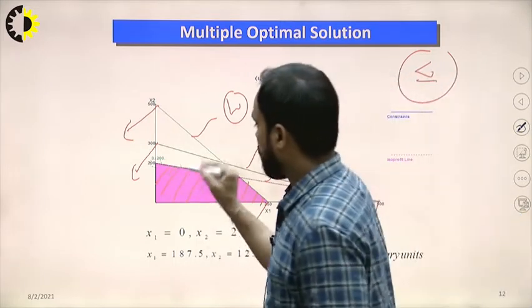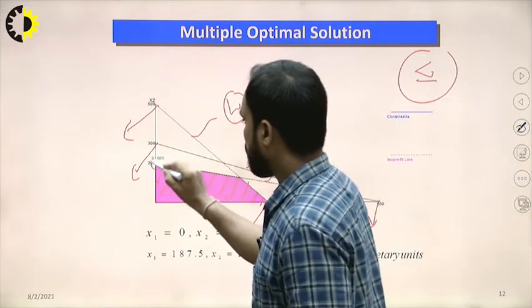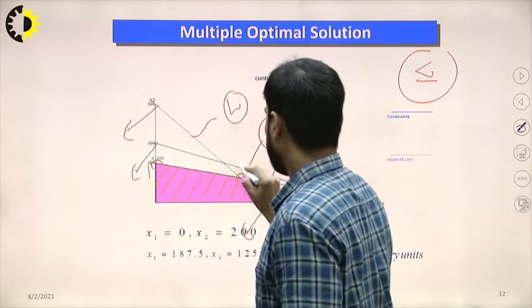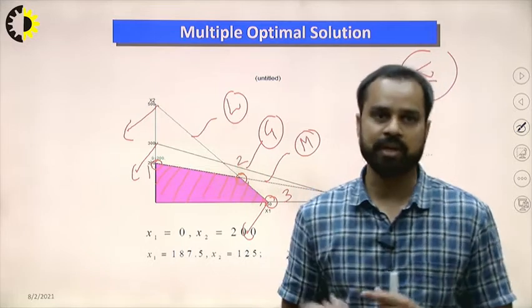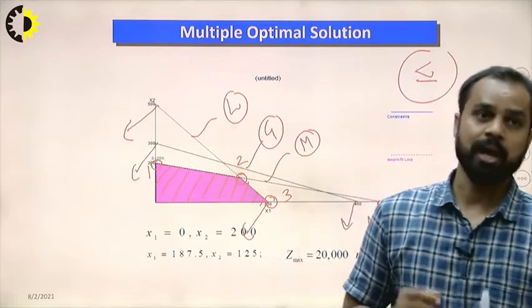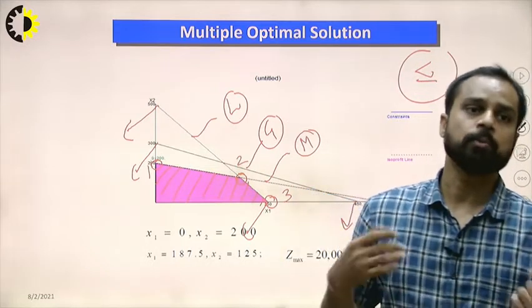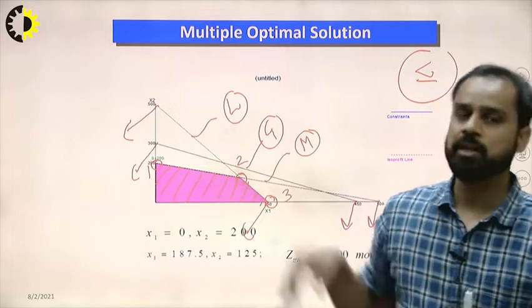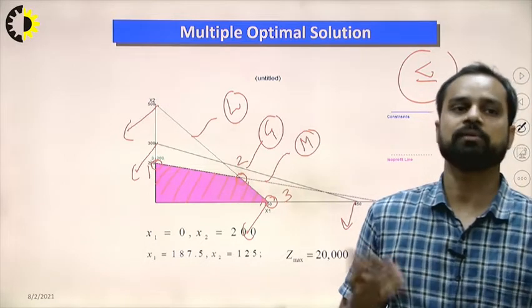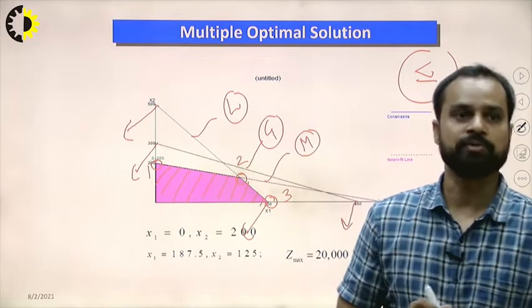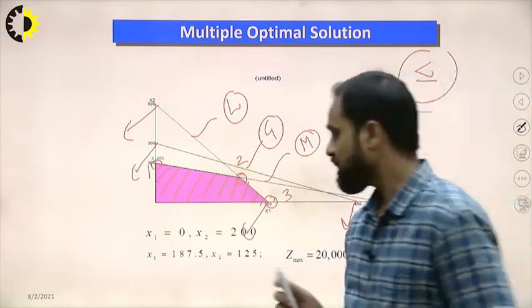So the corner points of this feasible region are corner point number 1, corner point number 2, corner point number 3. There are 3 possible corner points at which the solution can lie, and we have to check the objective function value at these 3 corner points to obtain the optimal value, because the solution will always lie at a corner point of the feasible region, right?